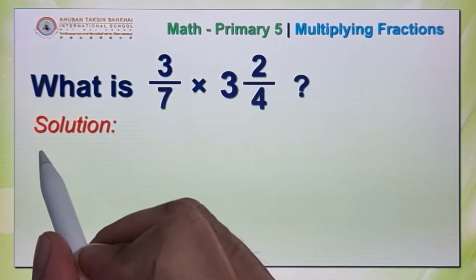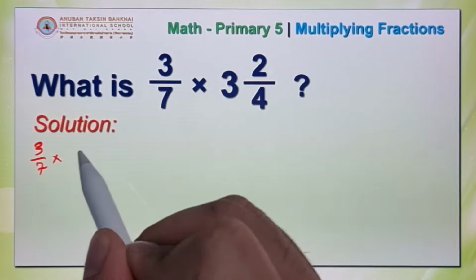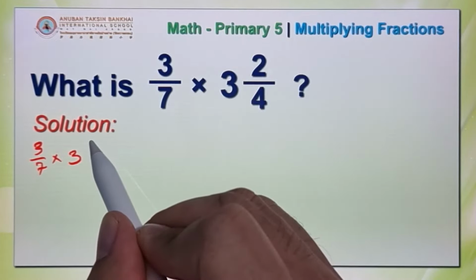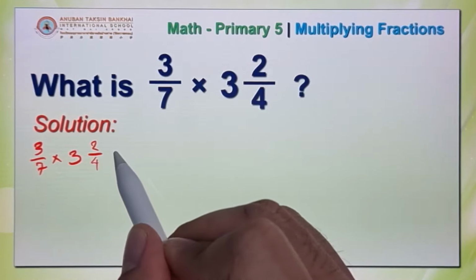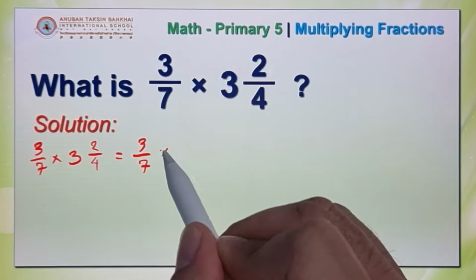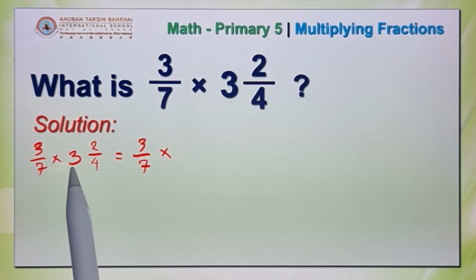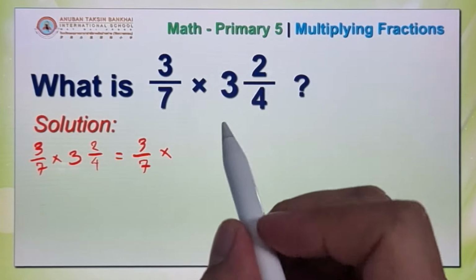So let's just write this one again. We have 3 over 7 times 3 and 2 over 4. So 3 over 7, and we change our mixed number. 4 times 3, we have 12, plus 2, we have 14.